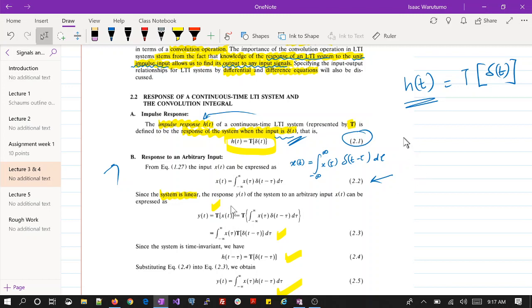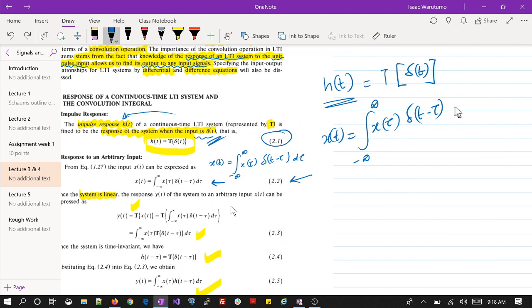Something we said earlier is that any arbitrary input signal can be described as an integral: x of t can always be described as the integral from minus infinity to infinity of the signal itself, with the integral with respect to d tau.